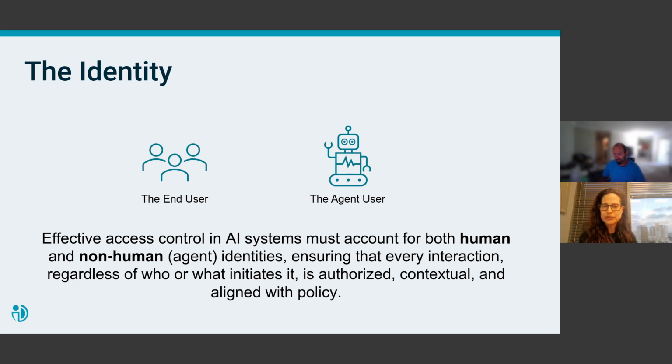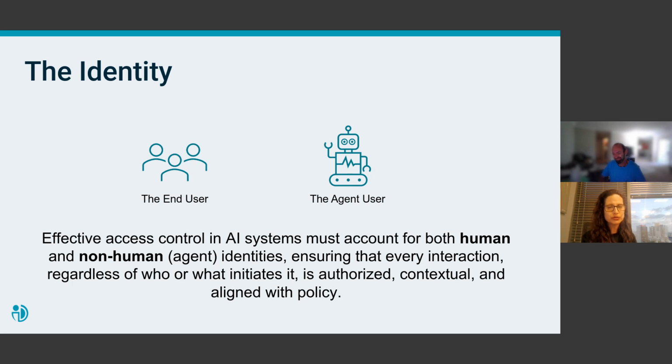But the agent user, in many cases, is operating on behalf of an end user. There are multiple answers on how to handle that, but the bottom line is we always need to consider both users, the agent user and the end user. We saw before that passing through the token without validation is really a bad practice.